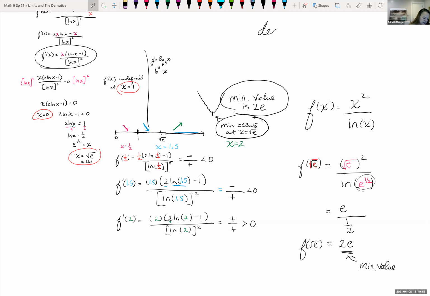So if it asked me where is it decreasing in this case, it's starting at 0, not including, because that's not my domain, going till I get to 1, but not including because it's not defined there, union, not including 1 to the square root of e, not including. And if it asks me where it's increasing, that would just be square root of e to infinity.